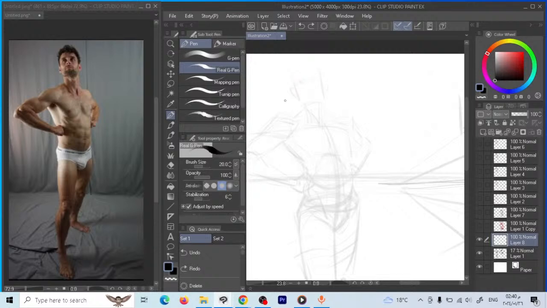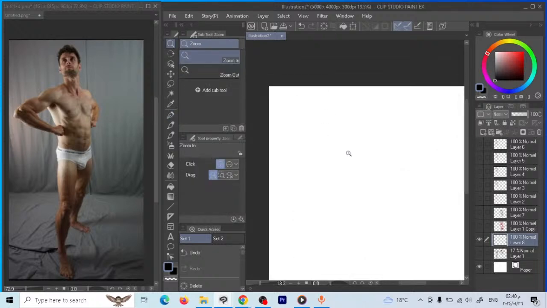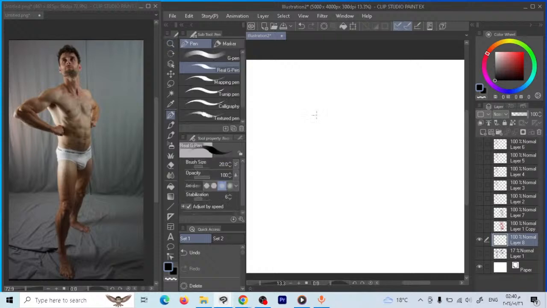Okay, but the tip for drawing birds is actually the tip I'm going to give for drawing anything. If you're going to draw anything, you're going to start with a structure. So if I'm going for a bird, I still have to draw the structure and the basic shapes. If I'm going to draw a head, I'm going for a circle.